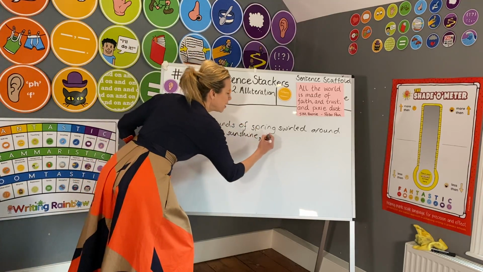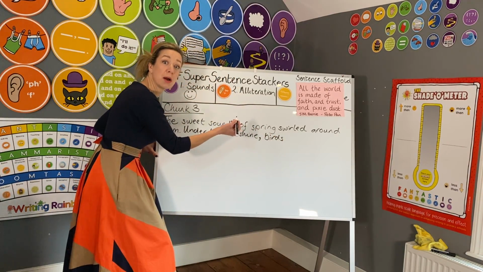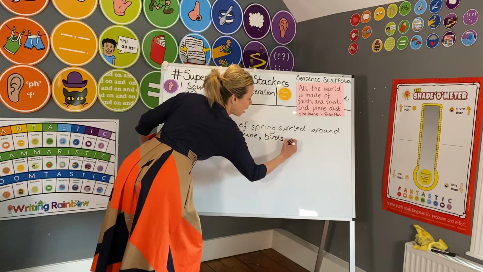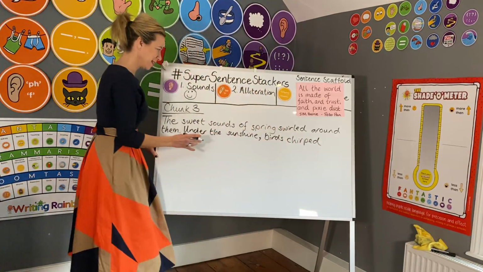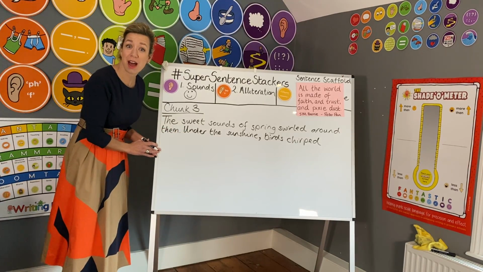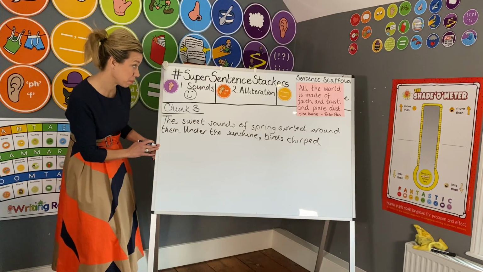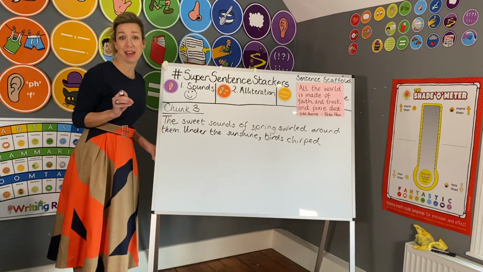Under the sunshine, birds tweeted, chirped, sang. I like chirped. Birds chirped. And then I'm going to add in a how they chirped. An ly adverb, perhaps. Birds chirped happily.